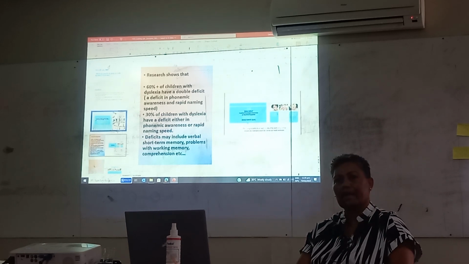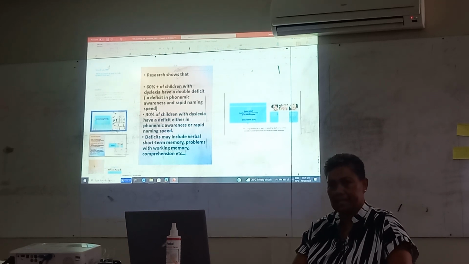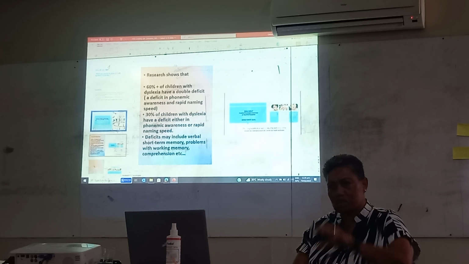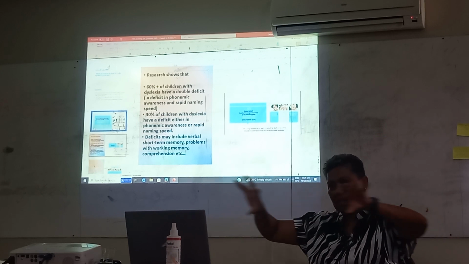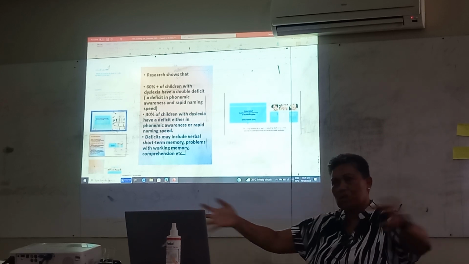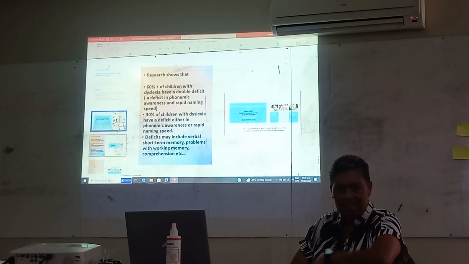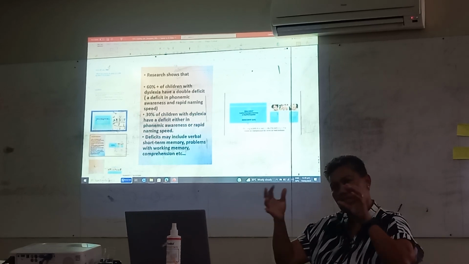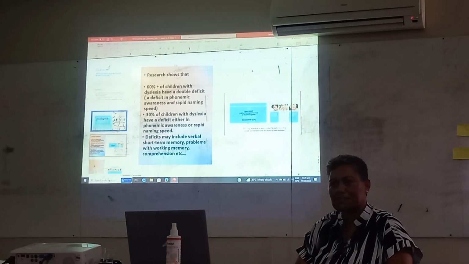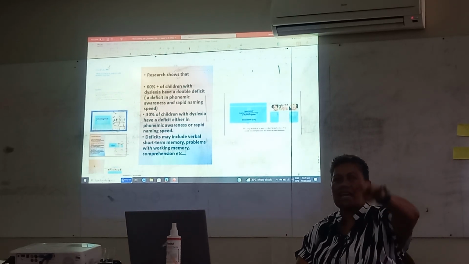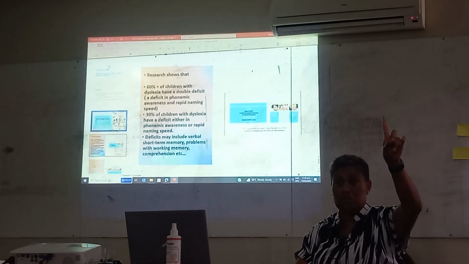Put that together, could not read the word cat. The student could segment it individually, but when I put it together, they just could not make out that cat, could not blend. They have a deficit in phonemic awareness.